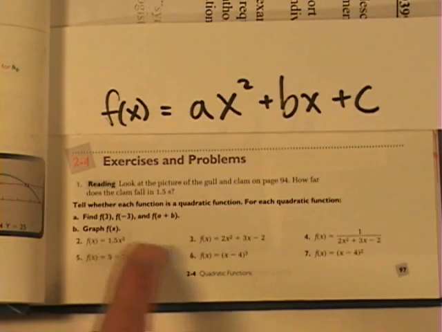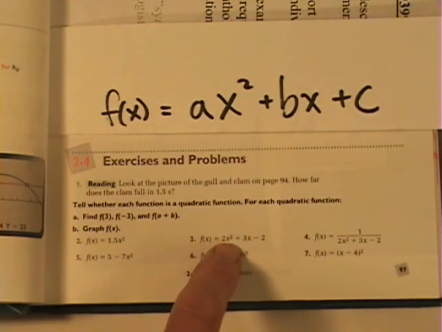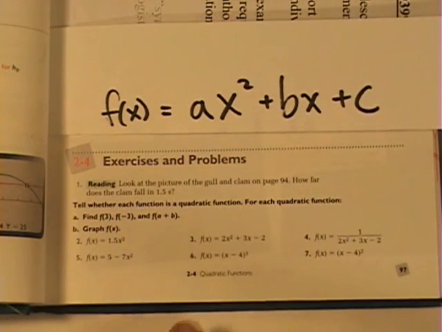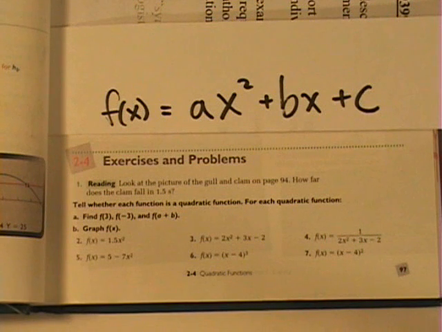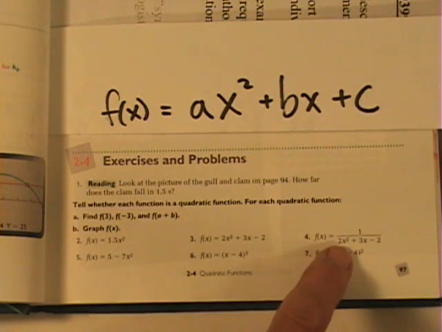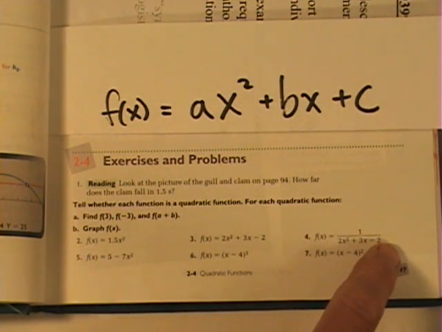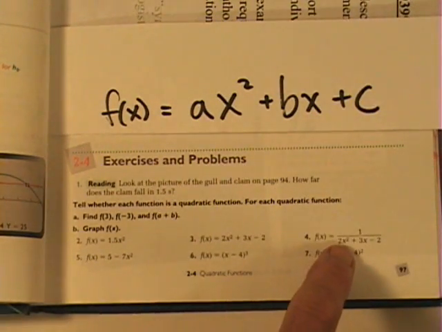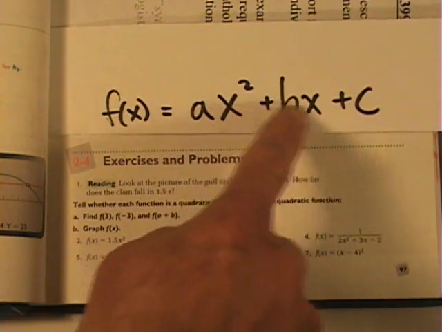Alright, so now you tell me, what about this one? Okay, make your prediction, and here's the answer. That was good. Okay, now take a look at this one. This is a quadratic if you can write it in that form. So see if there's any algebraic manipulation that you can do on this to get it into that form.